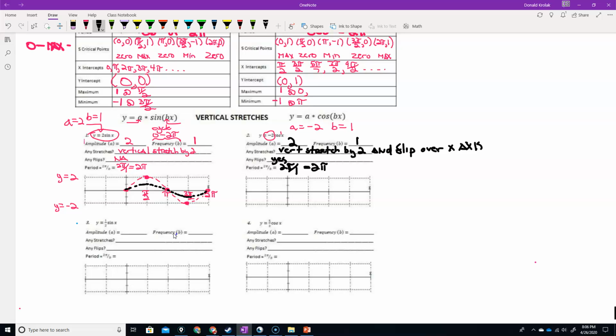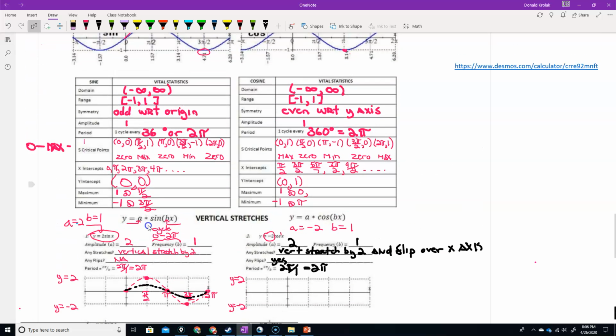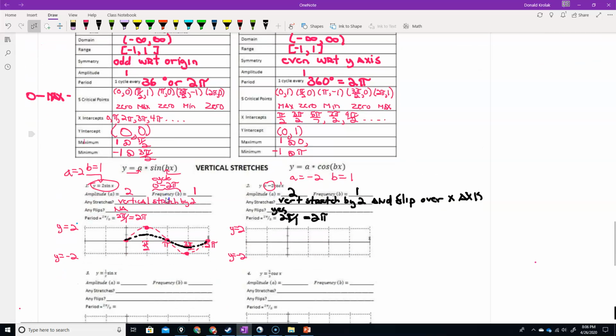All right, now your high point and your low point now are going to be, it's going to go 2 up and 2 down. Okay, now when you start cosine, cosine starts at its max. It starts up here, but it's being flipped. So it's going to start down here.